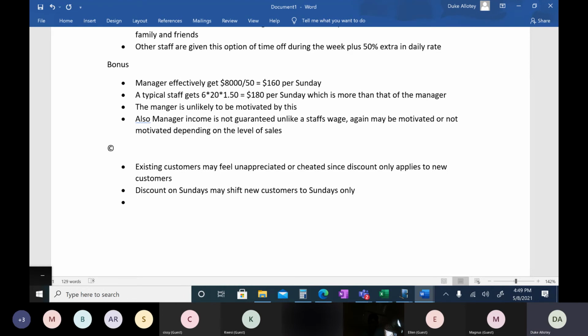So it may have a negative impact on the quality perception of customers, since cheaper prices may mean lower quality. Okay, so we are just looking at that.